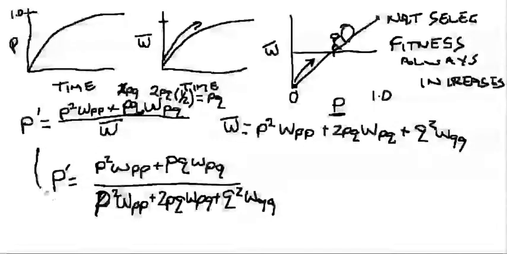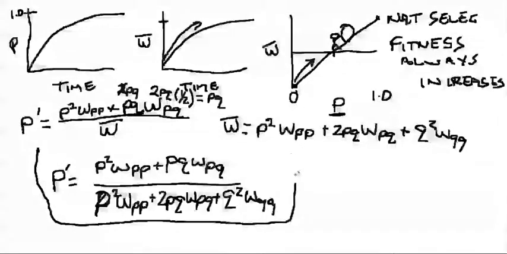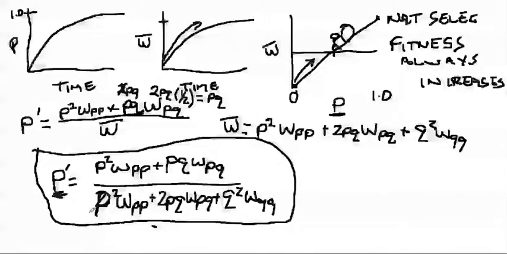And this equation will tell us what our frequency of P is one generation into the future.